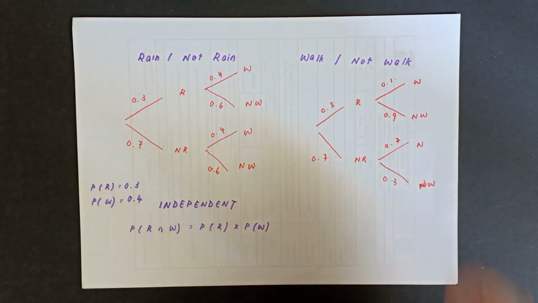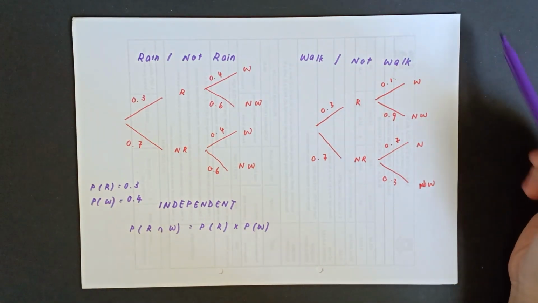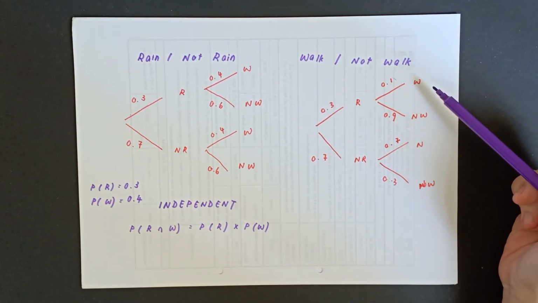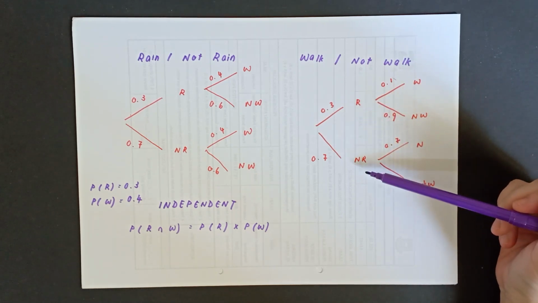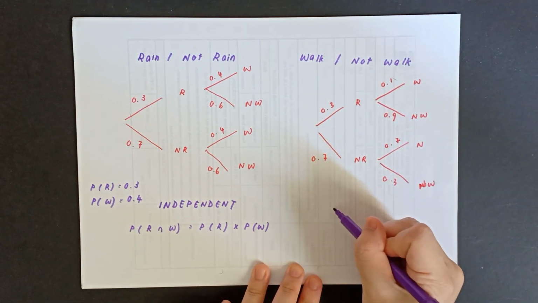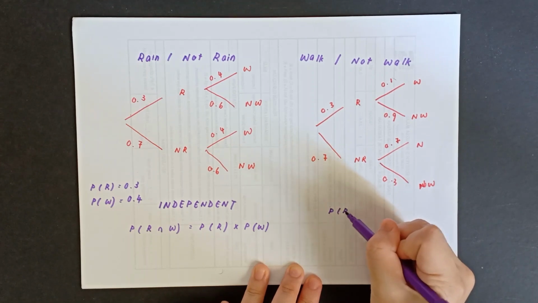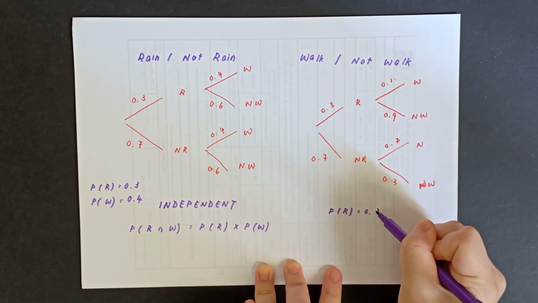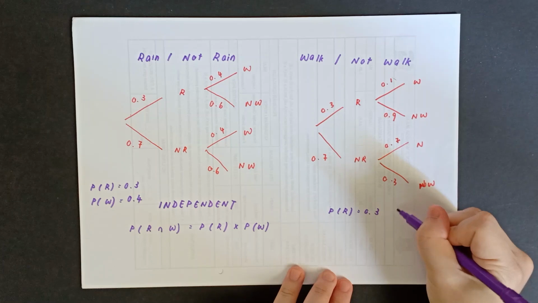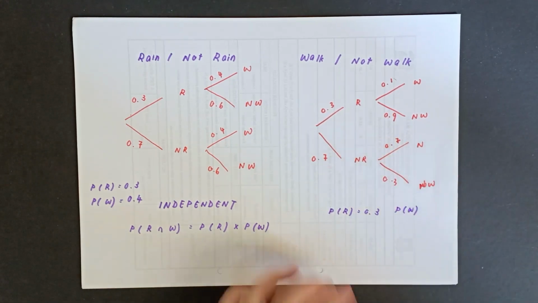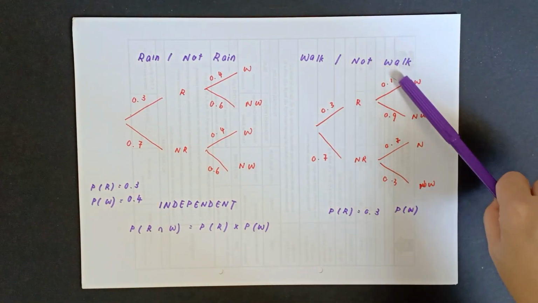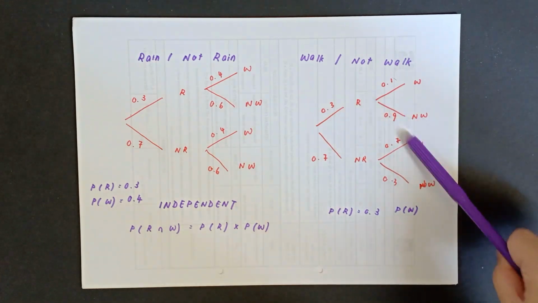So now you see, the probability of me walking to school or not changes whether it's raining or not raining. So we cannot simply have the probability of walking to school here. The probability of rain is of course 0.3, but am I going to take 0.1 or the 0.7 here?